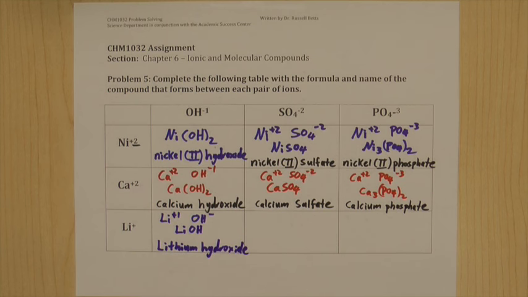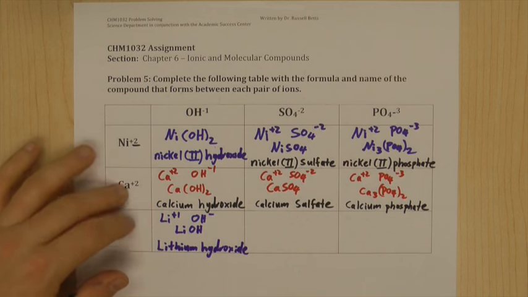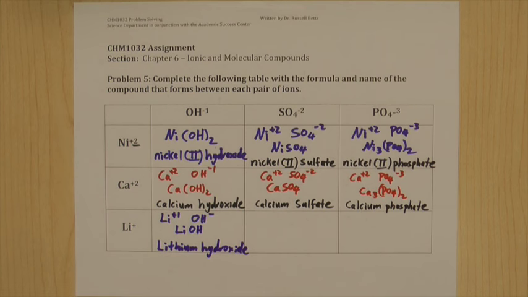Group 1 metals do not require Roman numerals. I'm harping on this because I've seen that mistake numerous times. I've seen it take people from getting a solid B to getting a solid C because they forgot that group 1 and group 2 don't need Roman numerals. Please do not fall into that mistake. I don't want to see you fall below an A if possible.